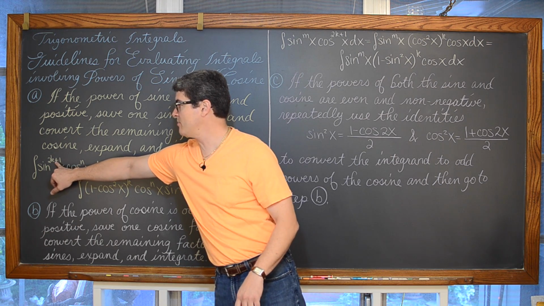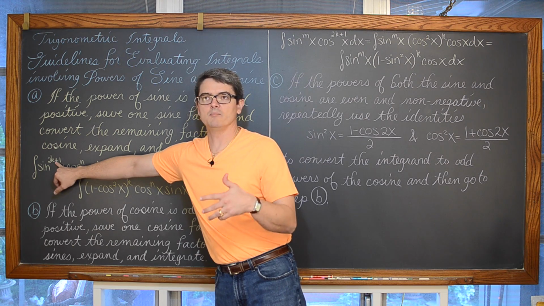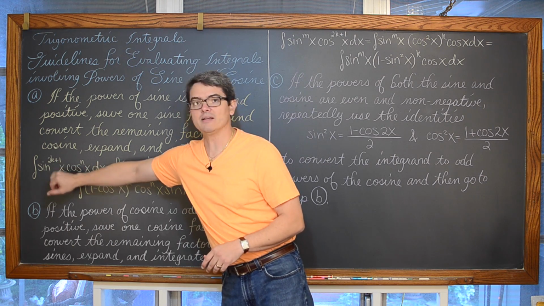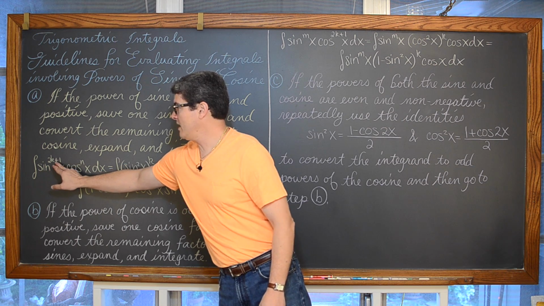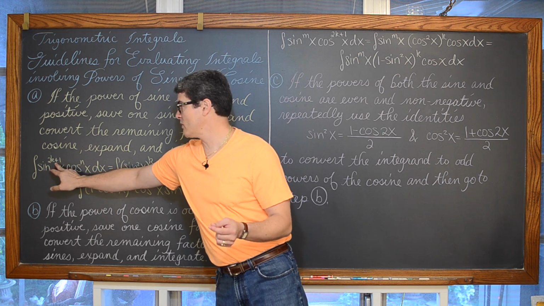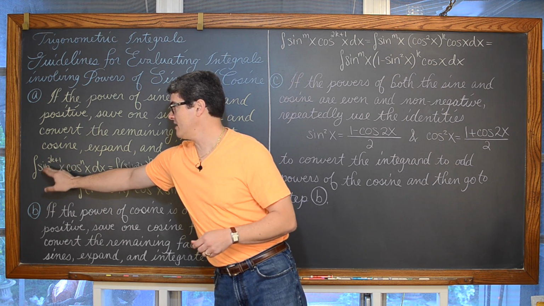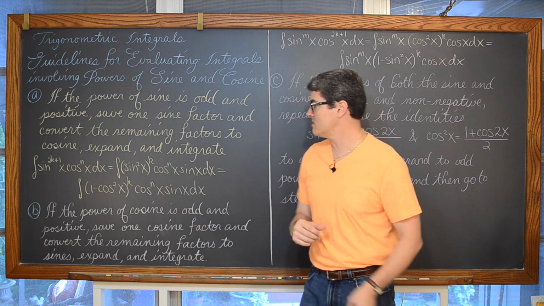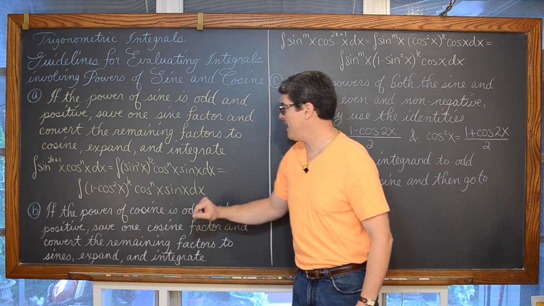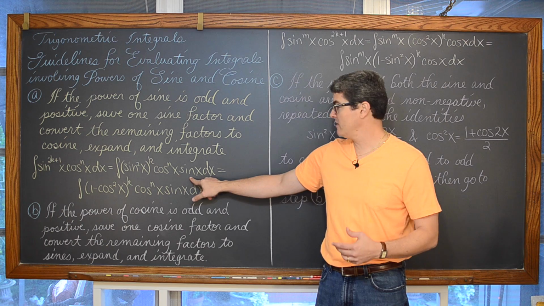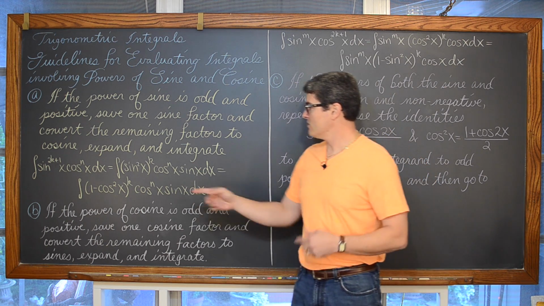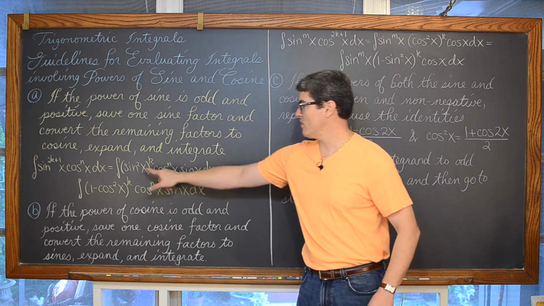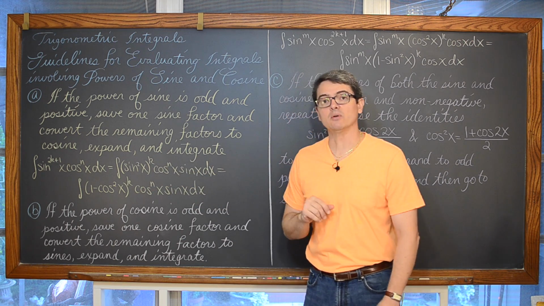So we have a 2k plus 1 here, indicating math notation, of course, for that general idea of something being odd. We're going to remember that when we add exponents, that happens when we multiply like bases. So sine to the 2k plus 1 is broken up into basically sine of 2k times sine of x to the first power. And there's your 2k plus 1. When you multiply like bases, you add those exponents.